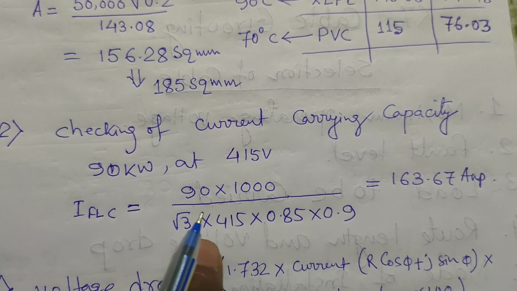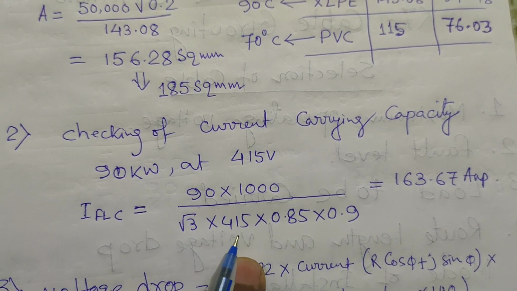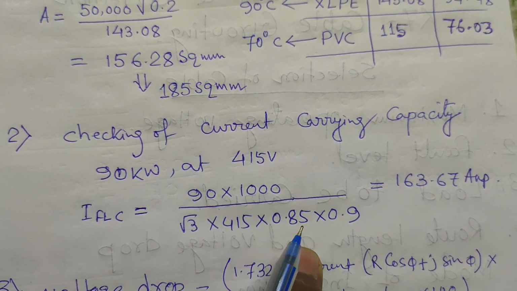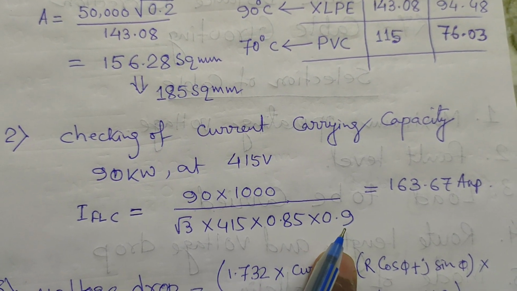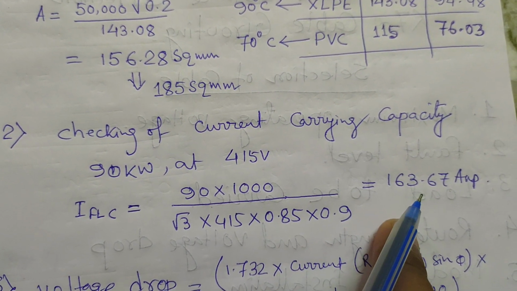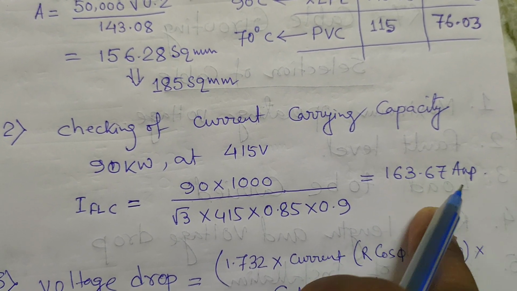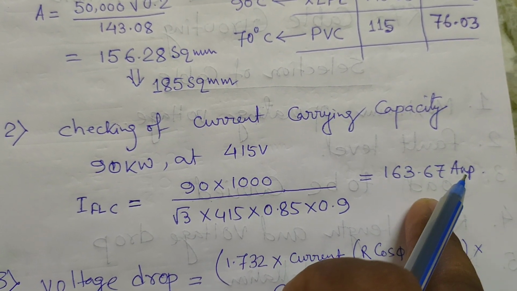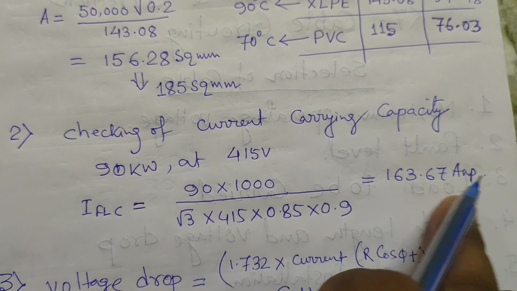For the three-phase connection, 90 into 1000 divided by root 3 into 415 into power factor 0.85 into 0.9. You will get 163.67 ampere. With the help of this current, from the manufacturer's guideline, we can identify which cross sectional area can carry this amount of current.